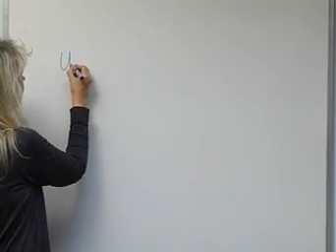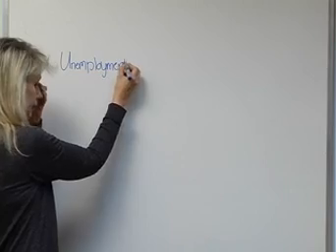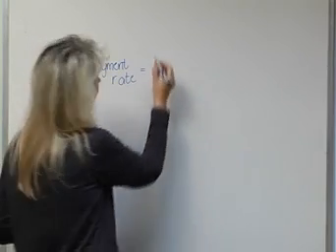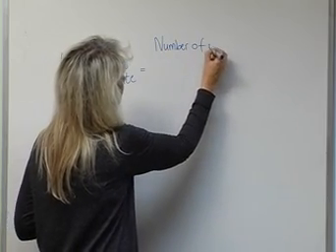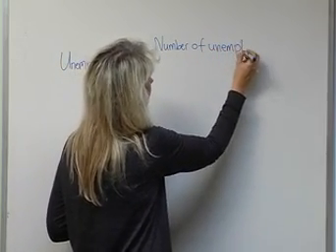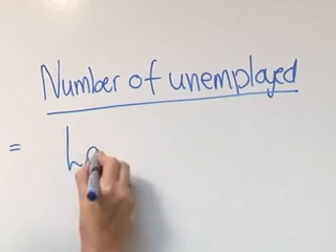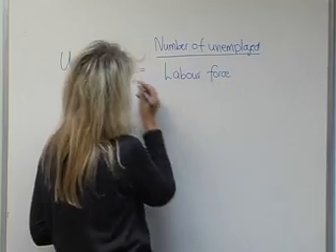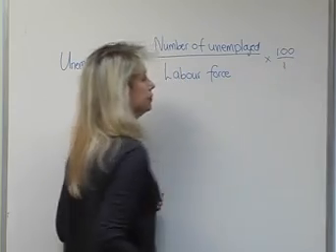So the formula to calculate the unemployment rate is equal to the number of unemployed persons divided by the labor force, and because we have to calculate a percentage or a rate, times 100 over 1.